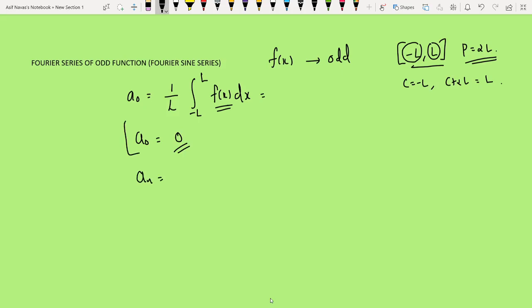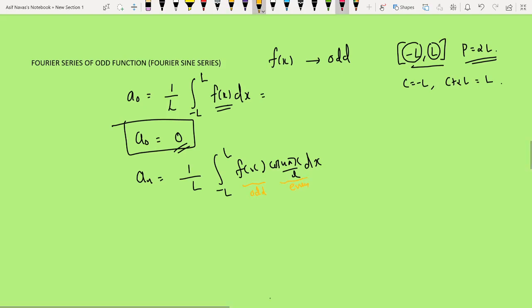An is 1 by L integral minus L to L f of x cos n pi x by L dx. So this function is odd and this is even. Then what can you tell about the whole function? Odd into even? Odd. Therefore this integral is 0. So we will get an is equal to 0.